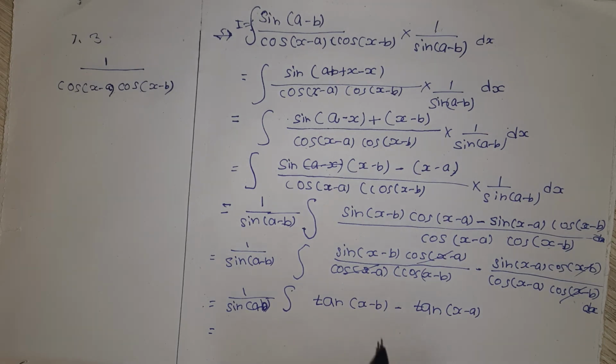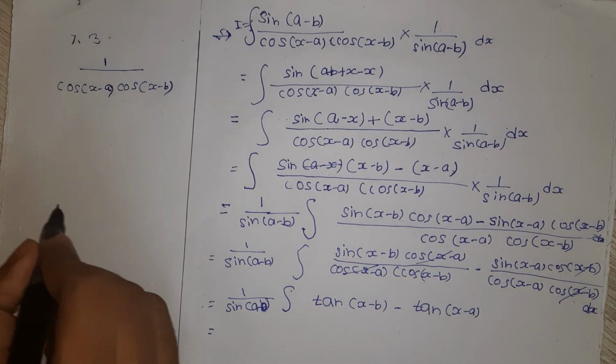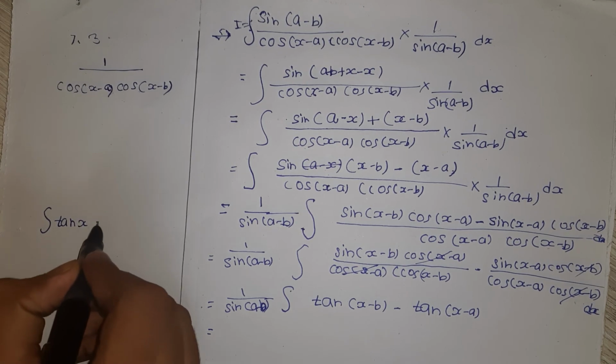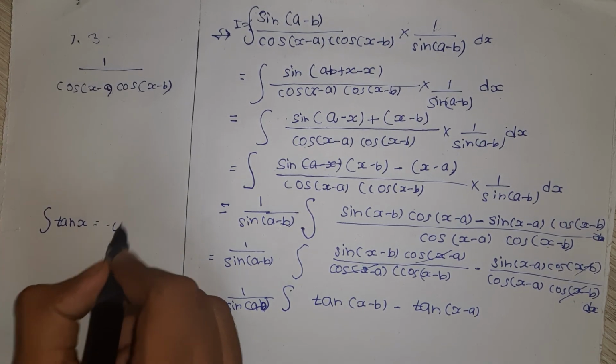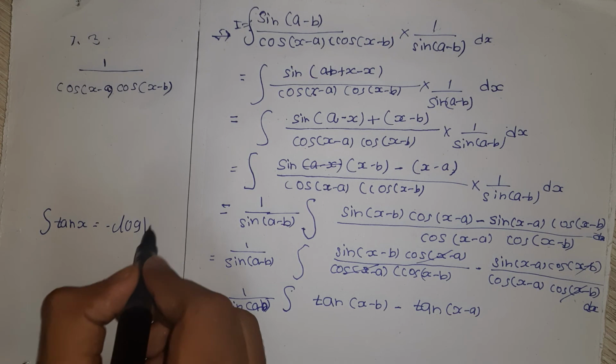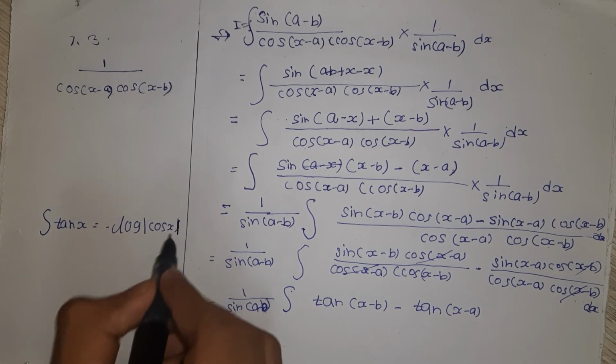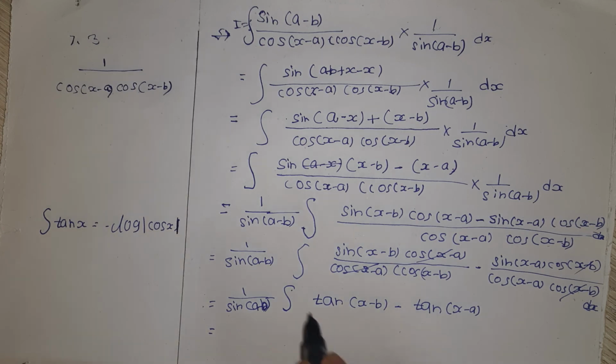It is a direct formula for integration, which is integration of tan x is minus log cos x, or directly log sec x only. But here there is need of substitution. Actually we are supposed to substitute t as x minus a.